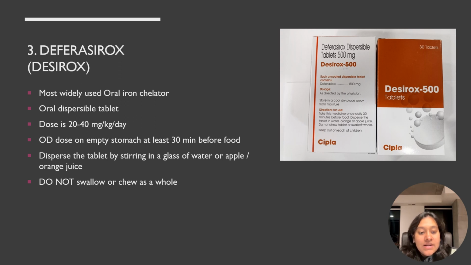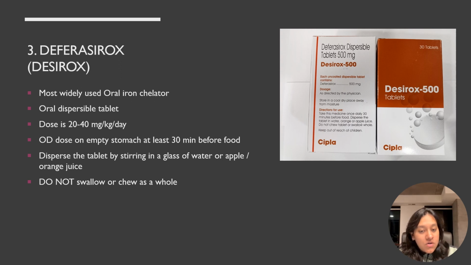So the tablet needs to be dispersed in about 100 to 200 ml of water. It needs to be taken in a glass container, not in a steel container, because when dispersed in a steel container, it tends to stick to the boundaries. So preferably it has to be done in a plastic or a glass container.